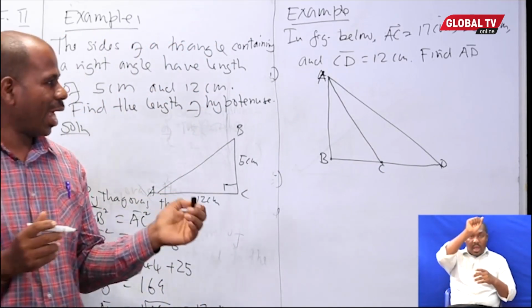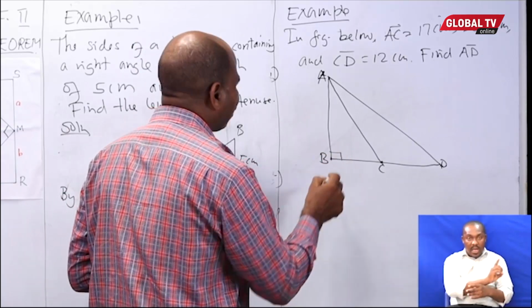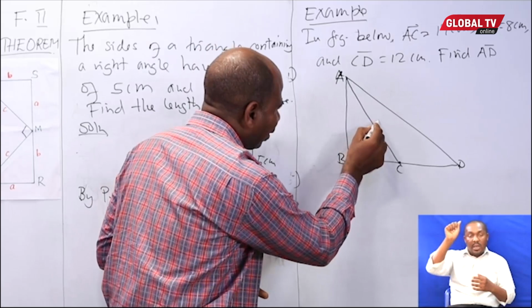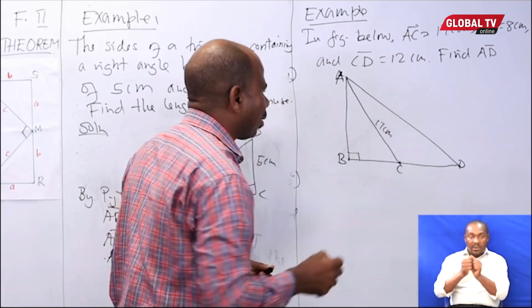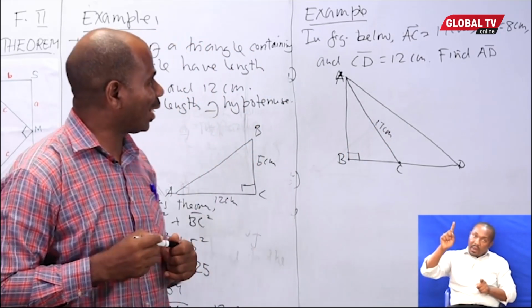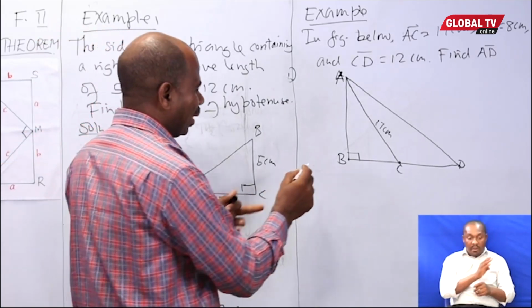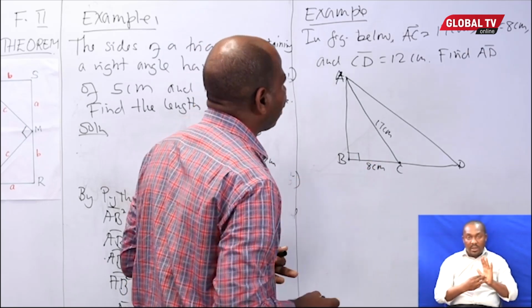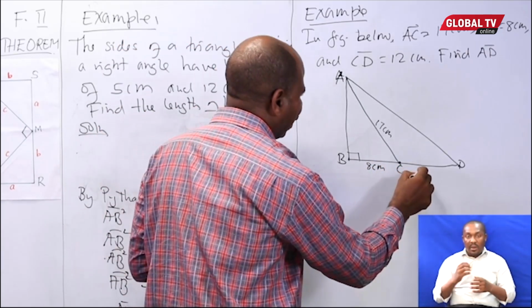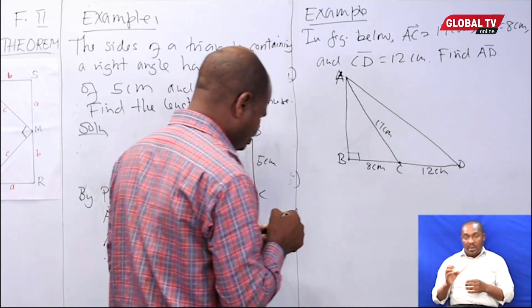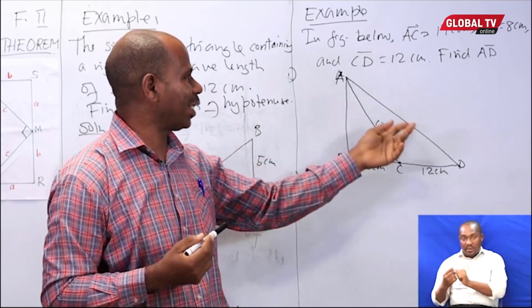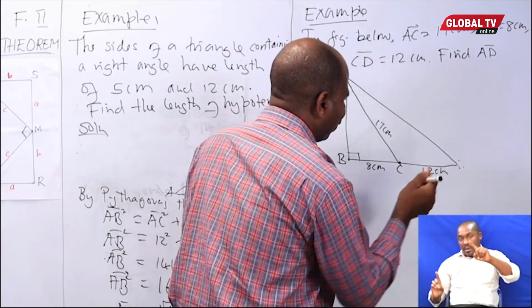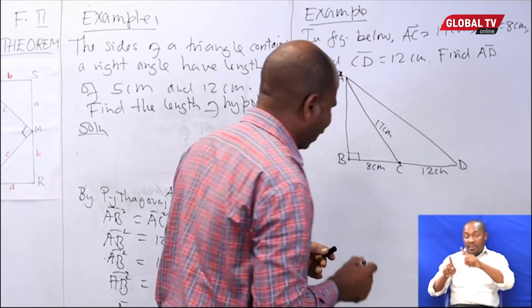According to the information given, the length AC from A to C is 17 centimeters, the length BC is 8 centimeters, and the length CD is 12 centimeters. The question is to find the length AD, from A to D.